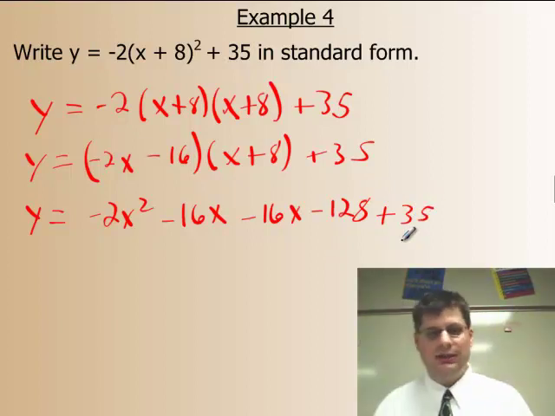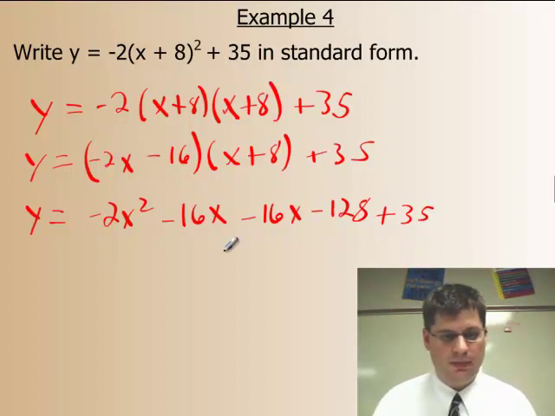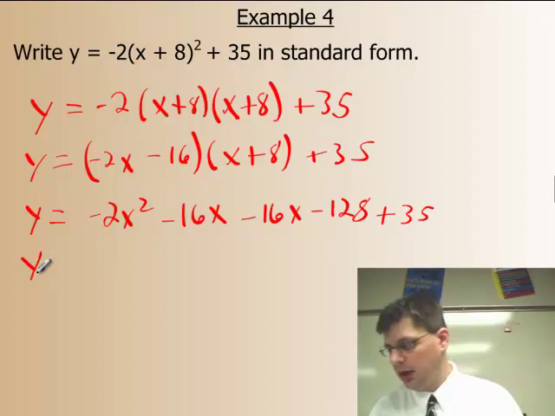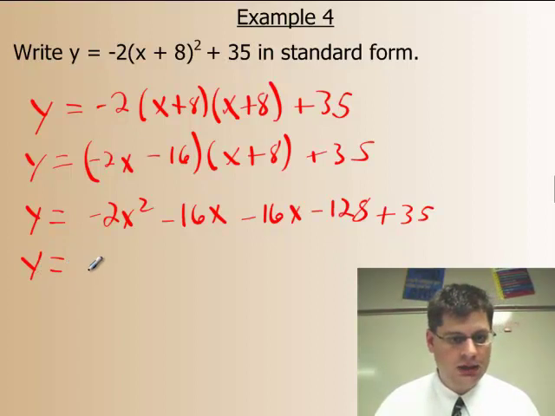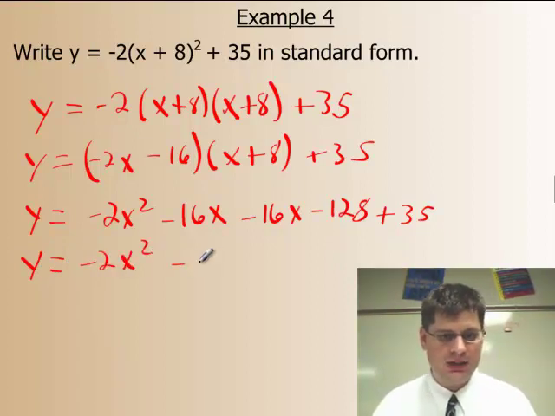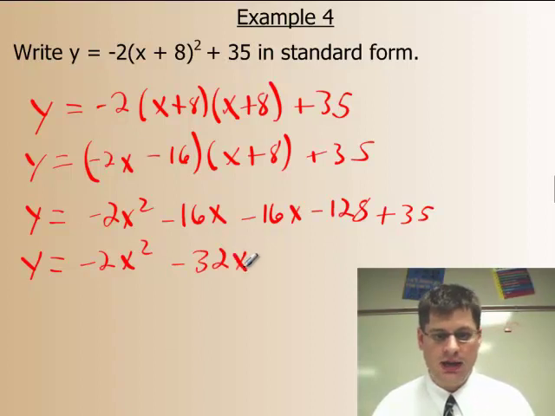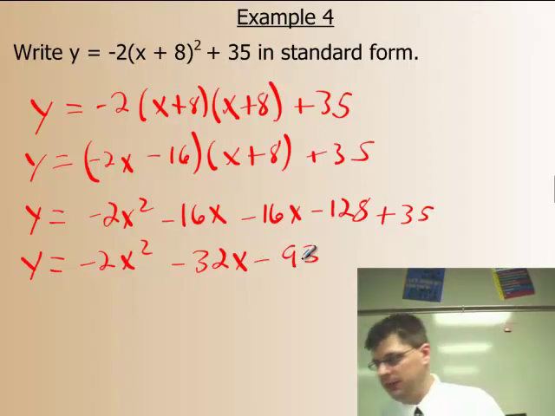Okay, so now we'll just combine our like terms, and we'll have y equals negative 2x squared minus 32x minus 93.